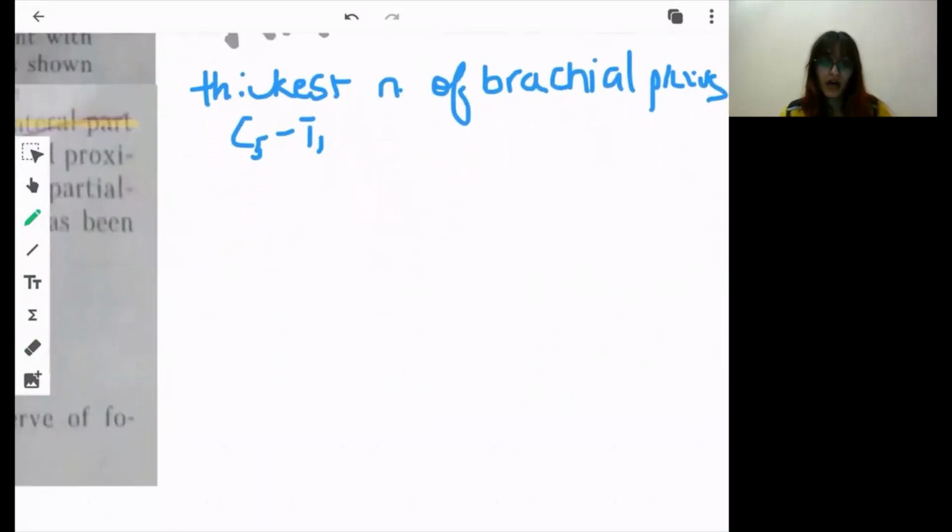And now let's look at its course. It goes from the axilla, then enters the upper limb, and then it is present in the lower triangular space.